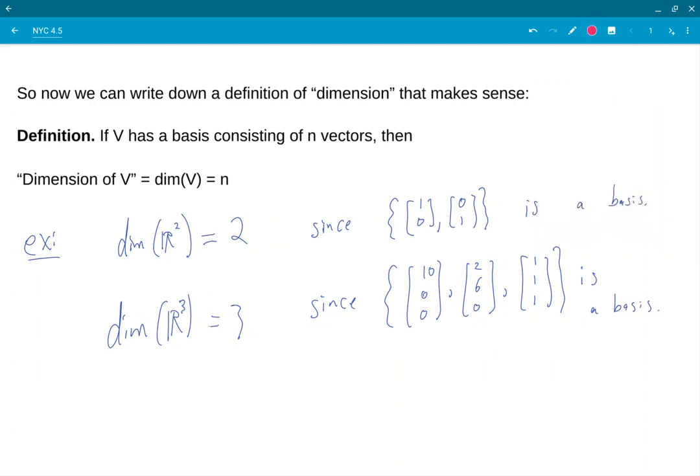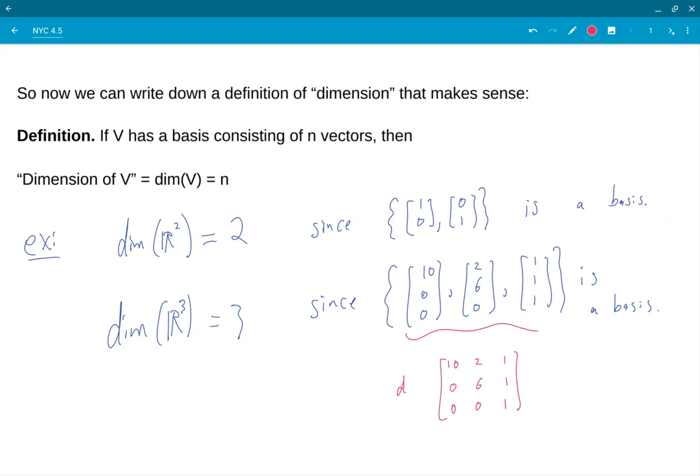Okay, I can very quickly say that this is a basis. Why can I do that? Well, what you do is you look at this matrix. You write down the corresponding matrix. It's maybe the easiest way.